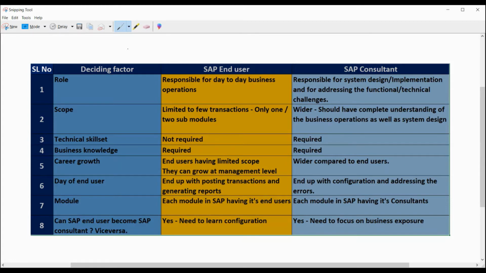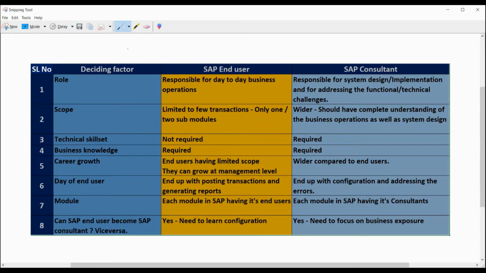Now the scope. The end user's scope in terms of SAP, which is an ocean, is very limited to a few transactions. I can say only one or two sub modules.